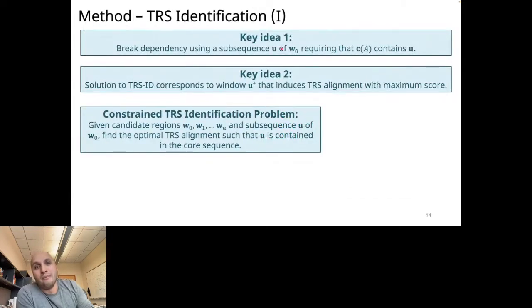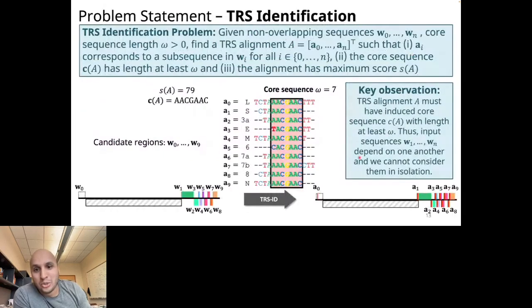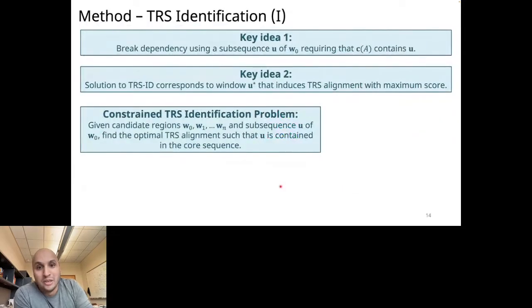However, you can break this dependency by sliding a subsequence U through W0, and you require that the core sequence of whatever alignment you find contains U. The reason this works is that the core sequence of your final solution is a subsequence in W0 that is spanned by every other sequence. So your final solution corresponds to a specific window. The solution to TRS identification corresponds to the window U-star that induces a TRS alignment with maximum score.